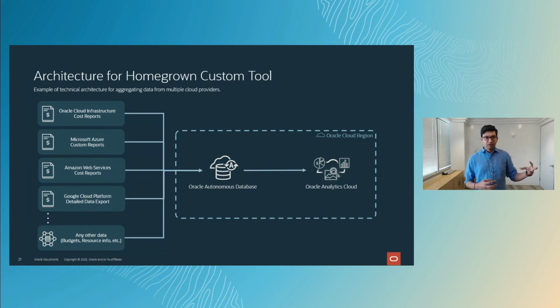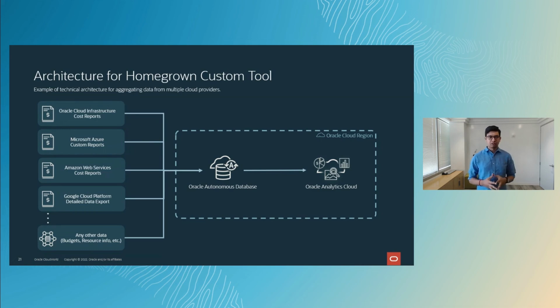You can bring all those data together into one data warehousing solution, here, for example, the Oracle Autonomous Database, and set it up in such a way that the data model is very similar between the providers, and you are bringing in consistency from the different formats that each of these may use. When I say different formats, it's also about different columns, different metadata that might be coming in.